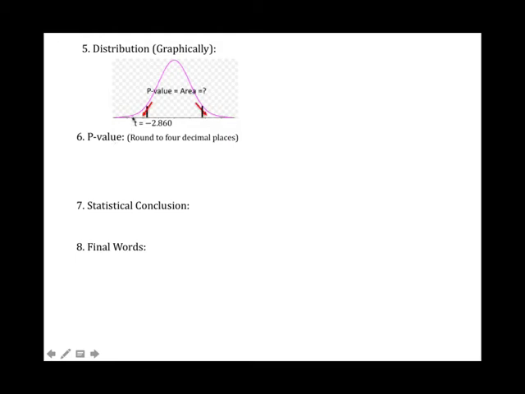P-value will be equal to the area of both tails. Since we have the test statistic on the left-hand side, for the t-distribution using the p-value we will be using the TCDF. Okay, TCDF. So then figure out what is the lower value, upper value, and also the degree of freedom.